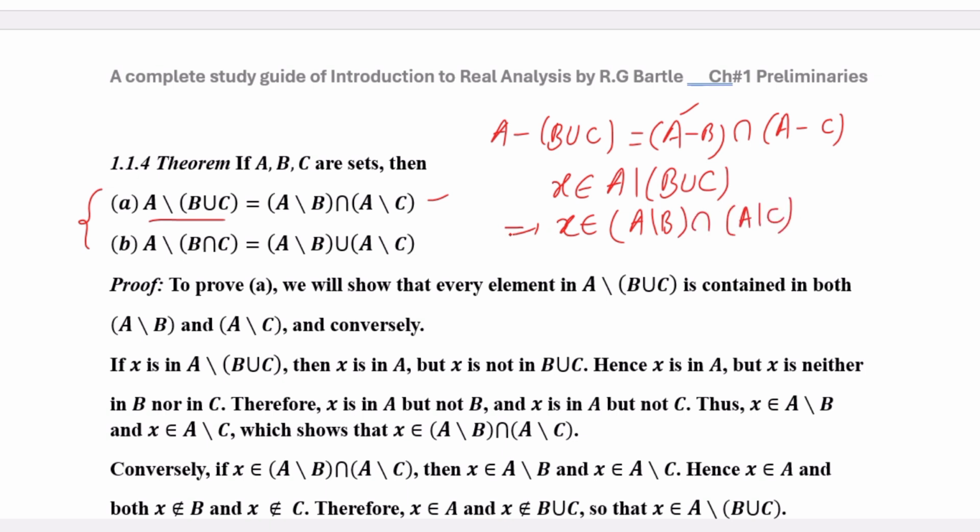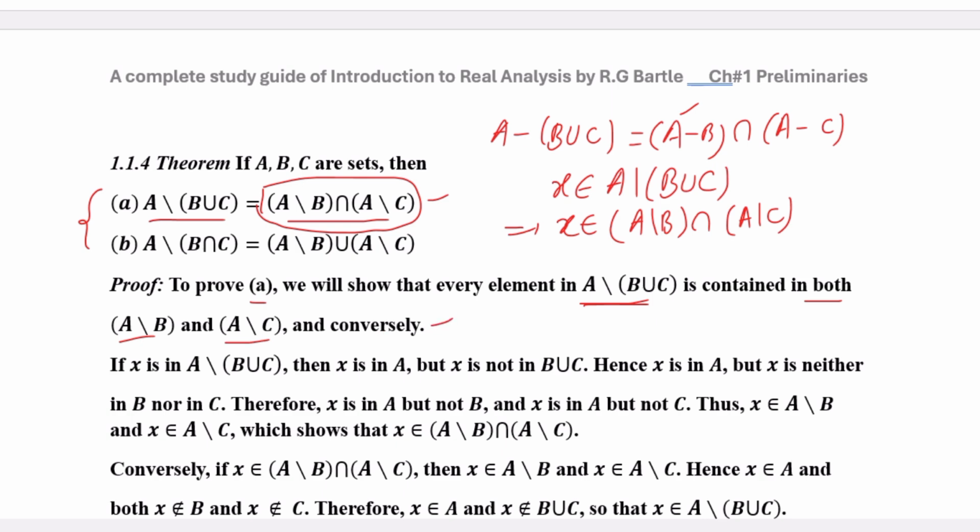Conversely, I will show that if x is an element of the right side, then x is also an element of the left side. To prove this, we will show that every element in this set is contained in both sets on the right side, because on the right side there are two sets. So when x is an element of this set, x is also an element of this set, which consists of two parts. That's why I am writing that it is contained in both A minus B and A minus C.